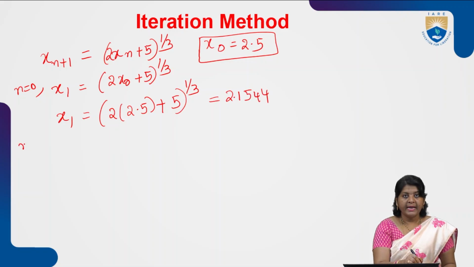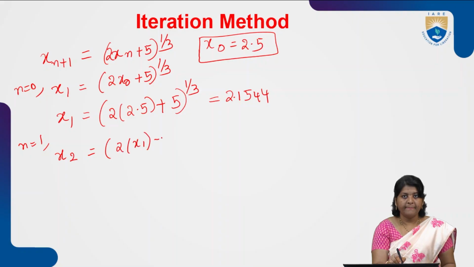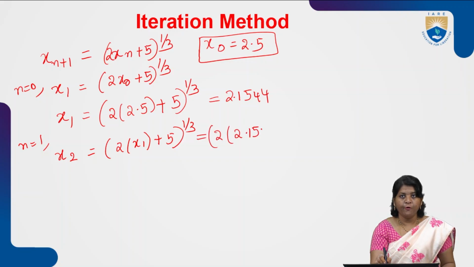And now n is equal to 1, where x2 is equal to (2 into x1 plus 5) whole power 1 by 3. That means (2 into 2.1544 plus 5) whole power 1 by 3.